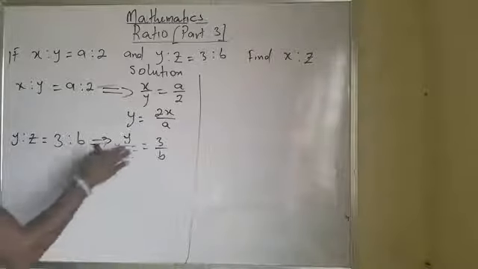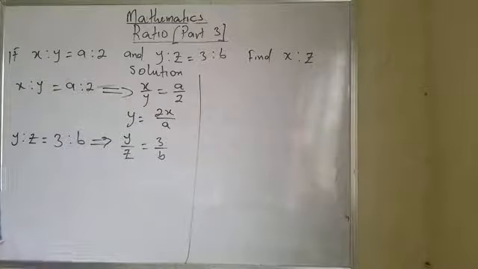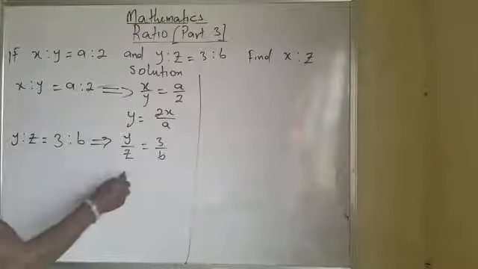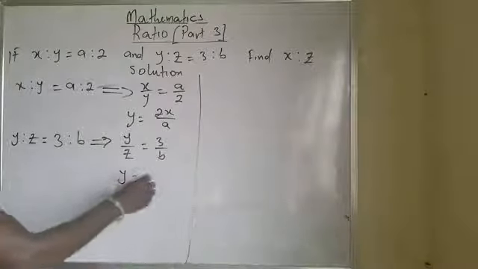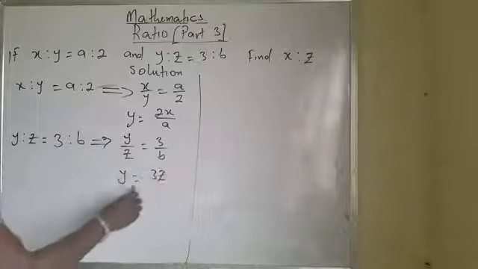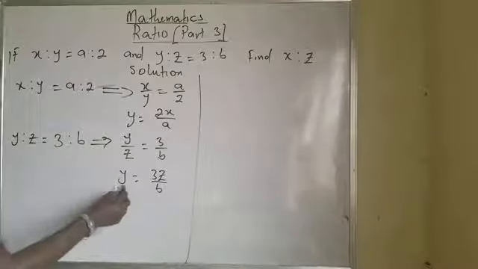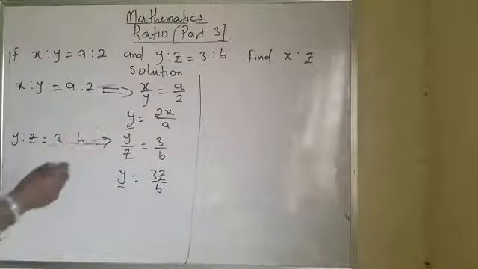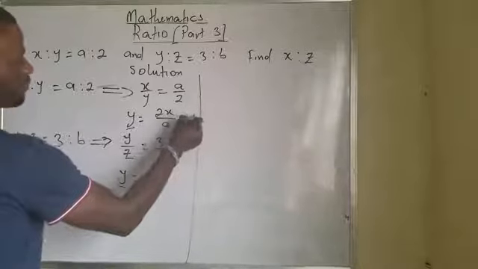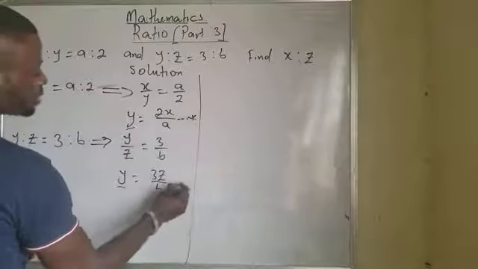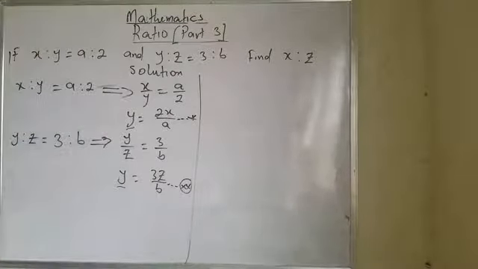I can also make my y the subject, so y will be equal to 3z all over b. Now, I've generated y, and I can call this equation star and that equation star. From here, I'm good to go.